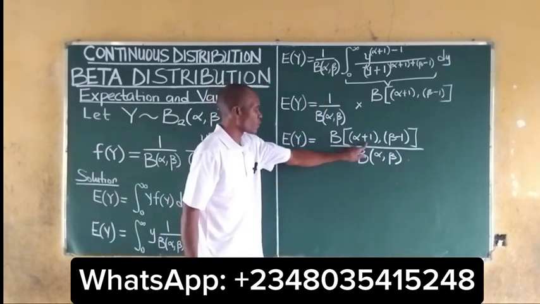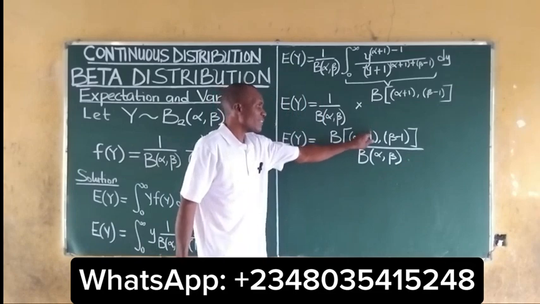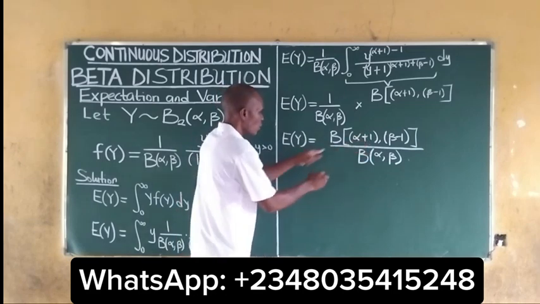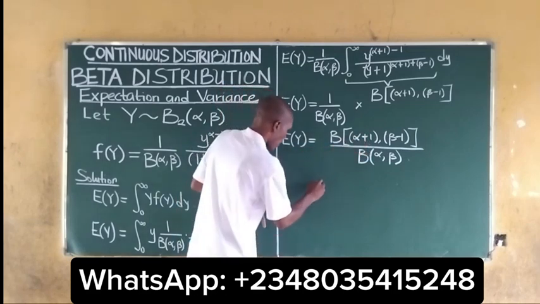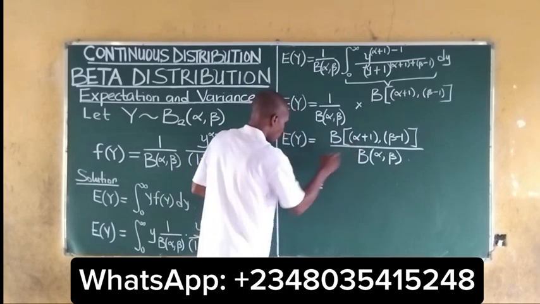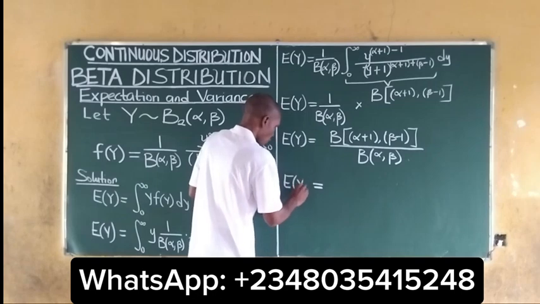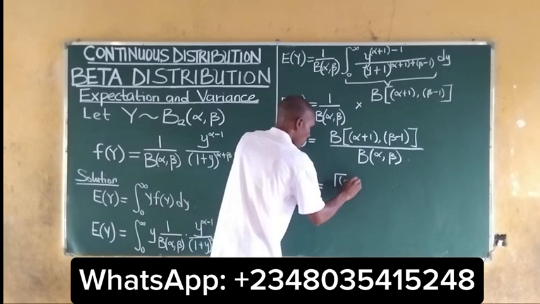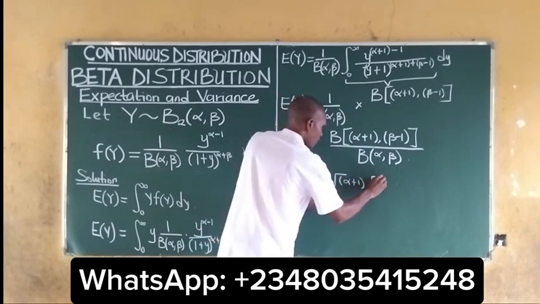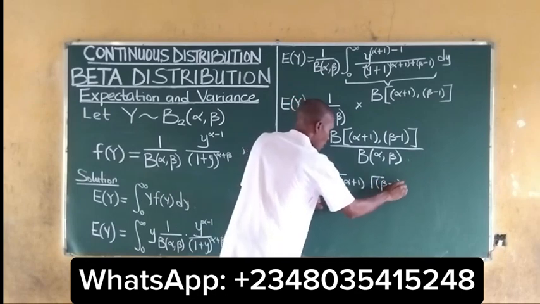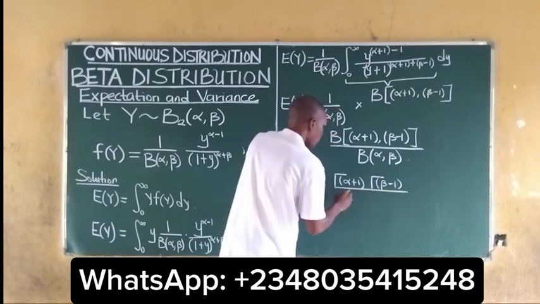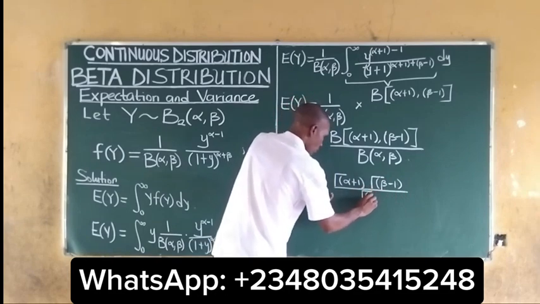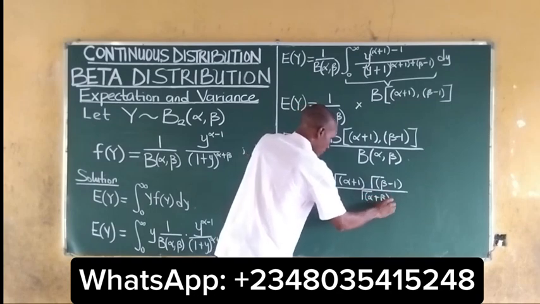The next thing to do is to write out what this means. We use the gamma function to write this. The beta function B(alpha plus 1, beta minus 1) will give us gamma of alpha plus 1 multiplied by gamma of beta minus 1, all over gamma of alpha plus beta.